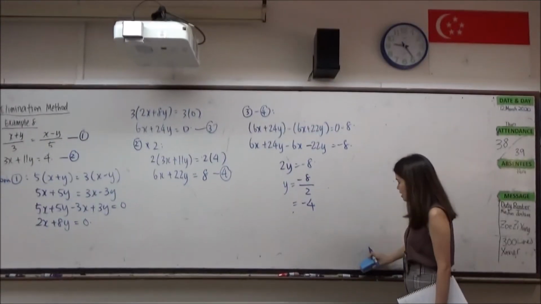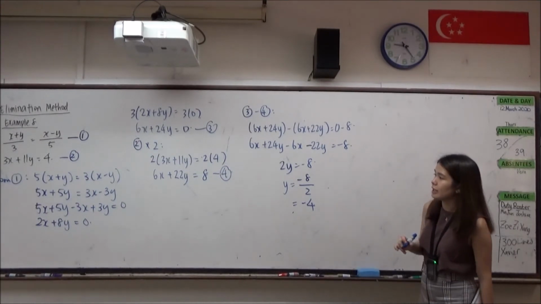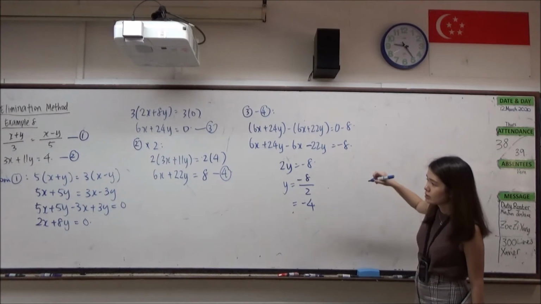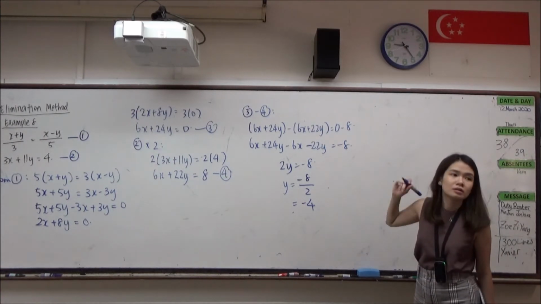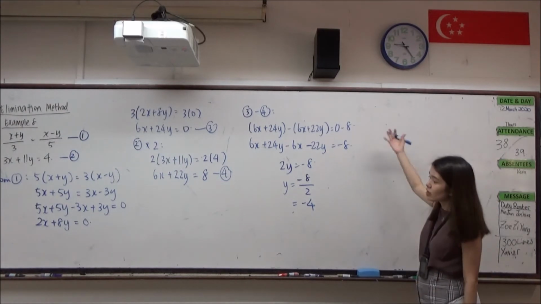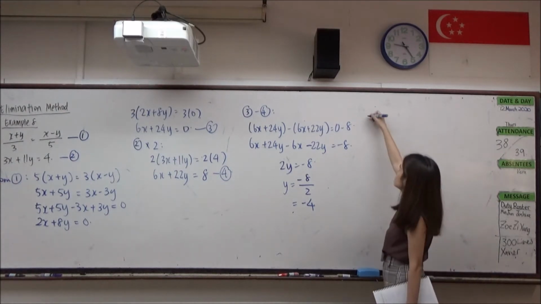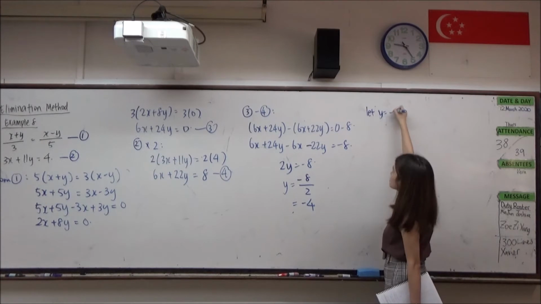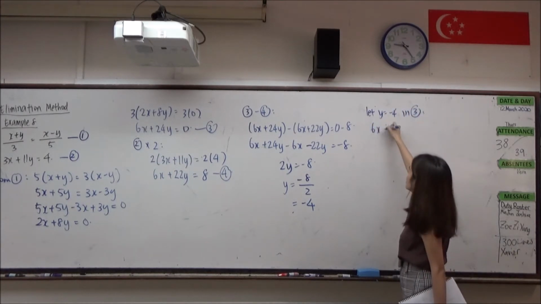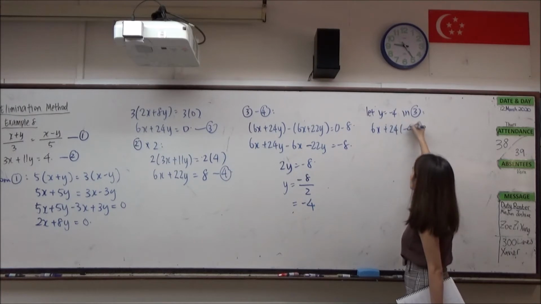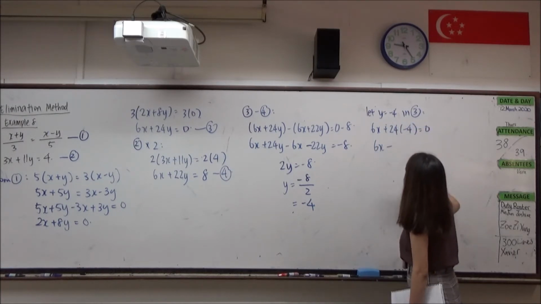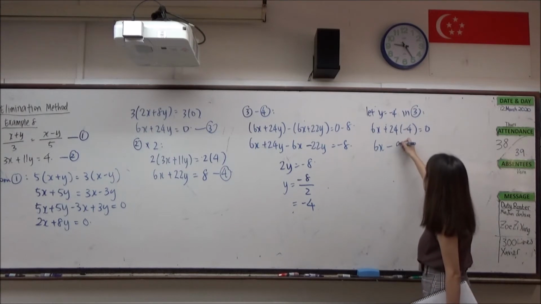Okay, then after that, if y equals to negative 4 already, what are we going to get? How are we going to find x? We'll put it into, where do we put it into? Equation 3, correct. Equation 4 also okay. Alright, so let y equals to negative 4 in 3. Minus away 8, 9, 6.